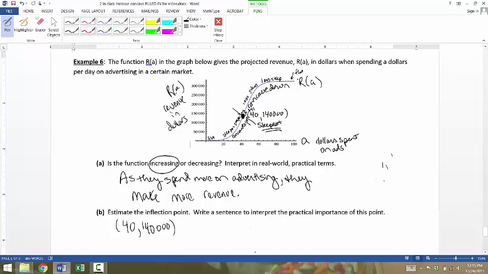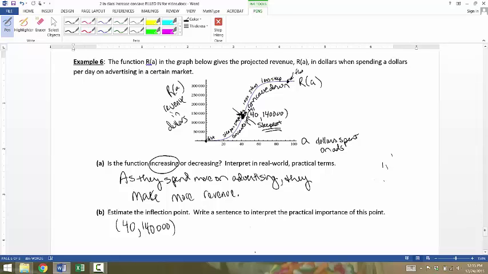Notice over here at, for example, $90 in advertising spent, if they increase from $90 to $91, they only go up in revenue a teeny tiny amount. And over here, if they went from $0 to $1 in advertising, they only increase a teeny tiny amount in revenue. But right here, going from $40 to $41, is the greatest amount of revenue increase.